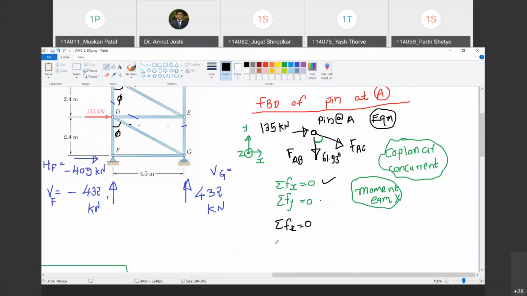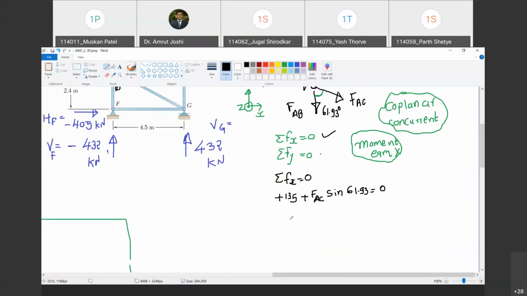Plus 135. Happy? Yes, sir. Plus FAC sine 61.93. This must be equal to 0. Happy? Yes, sir. What does that give me? FAC equal to minus 135 upon sine of 61.93.